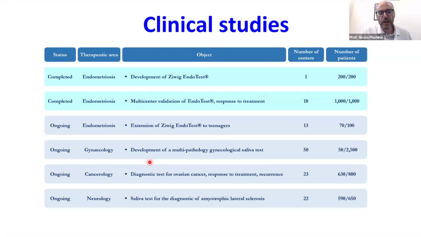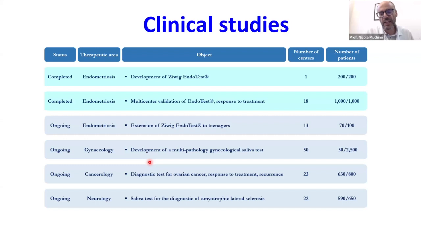And you see that there are ongoing multicenter validations for the diagnosis of endometriosis, but there are also ongoing trials to investigate the response to treatment. So to predict the response to treatment in our patients, the second most important question that we have to answer before doing any treatment, in order to personalize treatment, also hormonal treatment, for our patients.